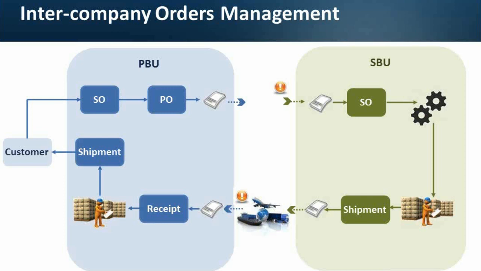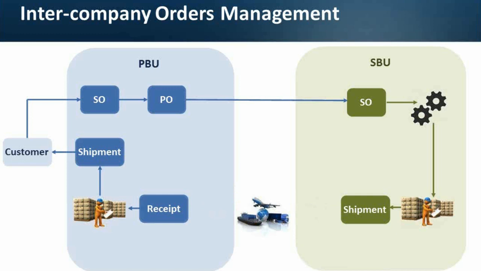All these issues we try to address in our intercompany order management tool. We created a two-click function that converts purchase orders in PBU into sales orders in SBU in a matter of seconds.